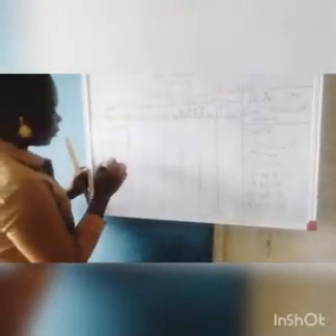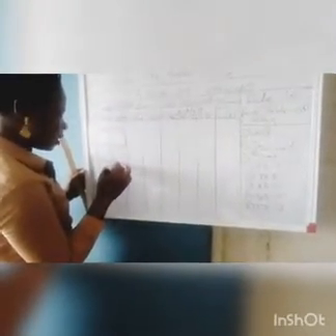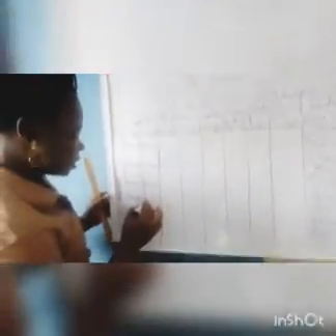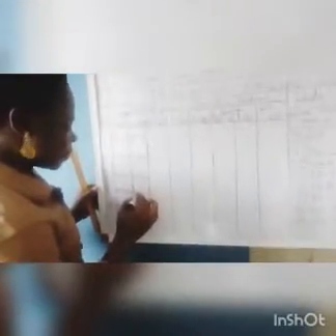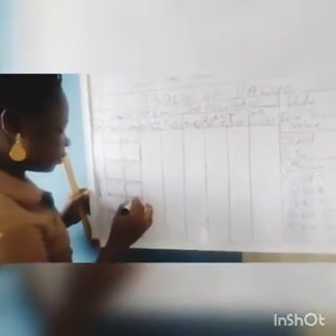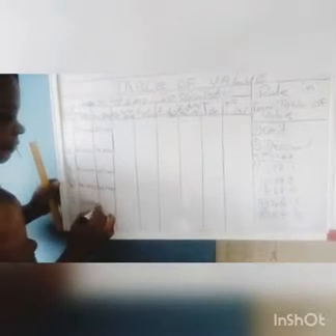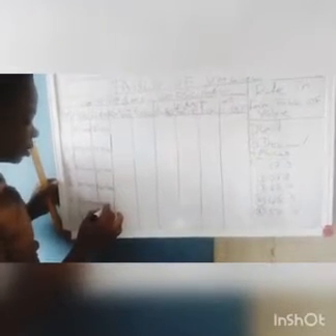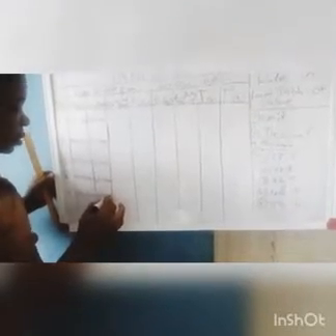Serial number 3, 42.0000. Serial number 4, 46.5000. Serial number 5, 50.4000.